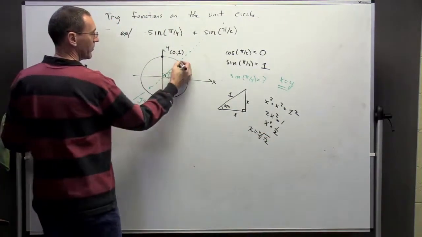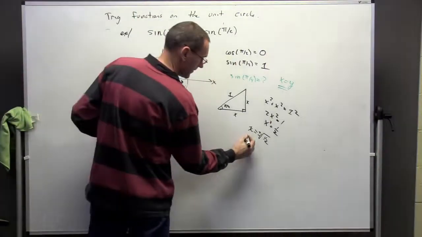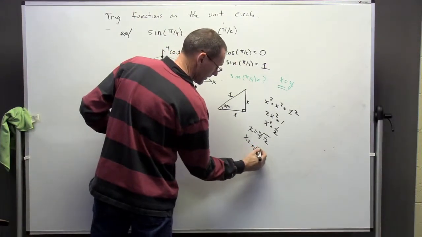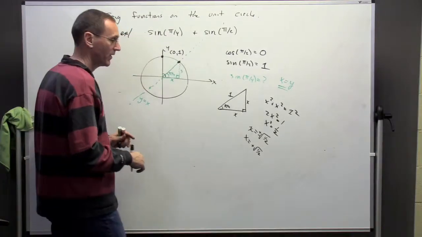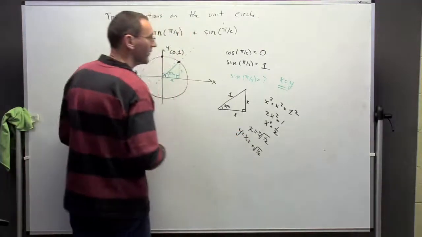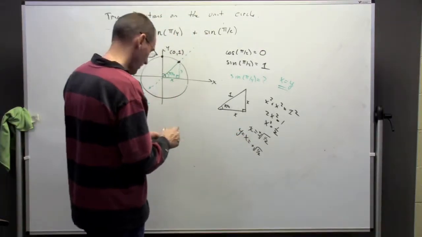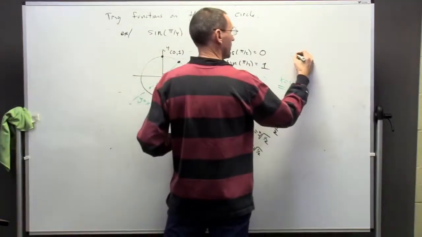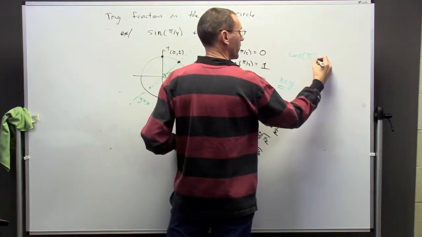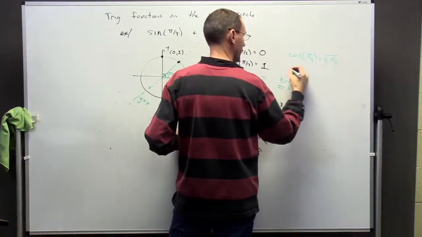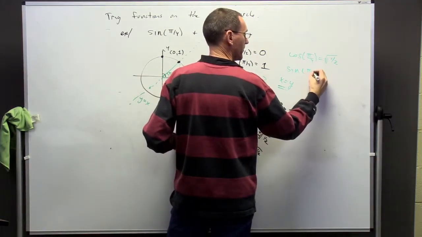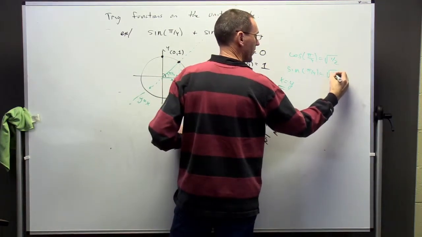In this case, I know that I'm at this point right here, so it's going to be positive square root of 1/2. And I already know that that's equal to the y value. So that automatically gives me that the cosine of pi over 4 is the square root of 1/2, and the sine of pi over 4 is the square root of 1/2.